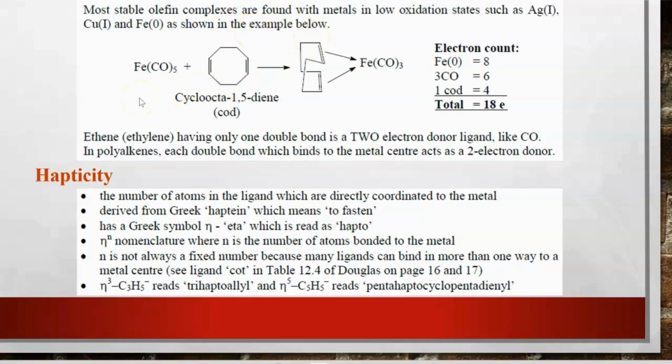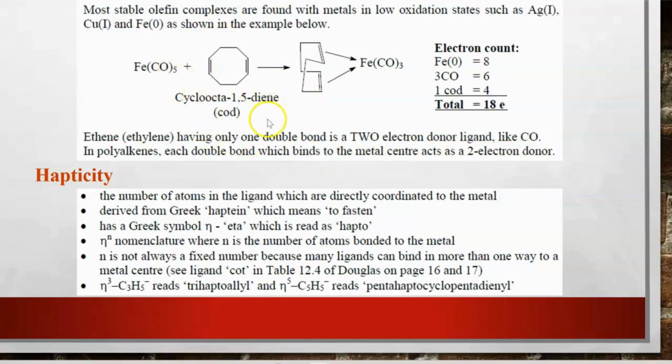So we have here an iron tetracarbonyl, and then we have cyclooctadiene. This cyclooctadiene acts as a ligand and it will bond with the iron metal. Ethene or ethylene, having only one double bond, is a 2-electron donor ligand like CO. In a polyalkene, each double bond which binds to the metal center acts as a 2-electron donor.